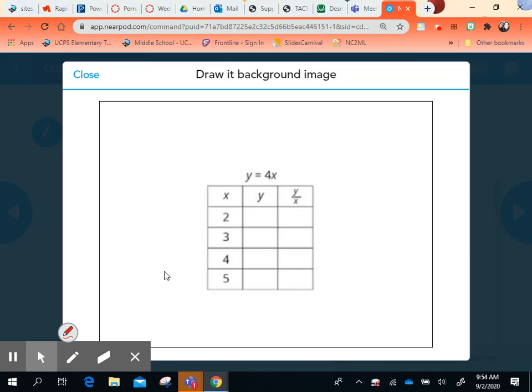Okay, so I want you to do this one on yours. I want you to write out your prediction before you even begin. Do you predict that it will be proportional, or do you predict that it will be not proportional?